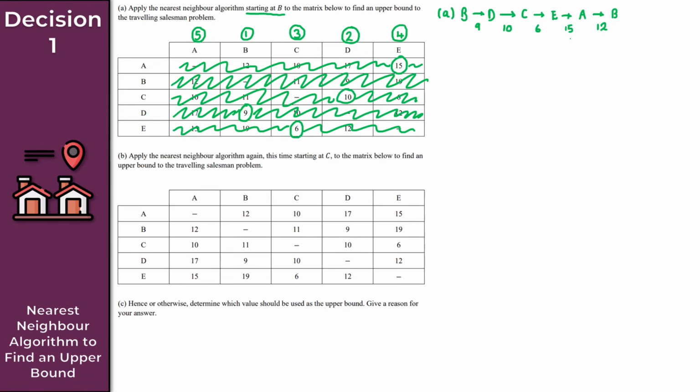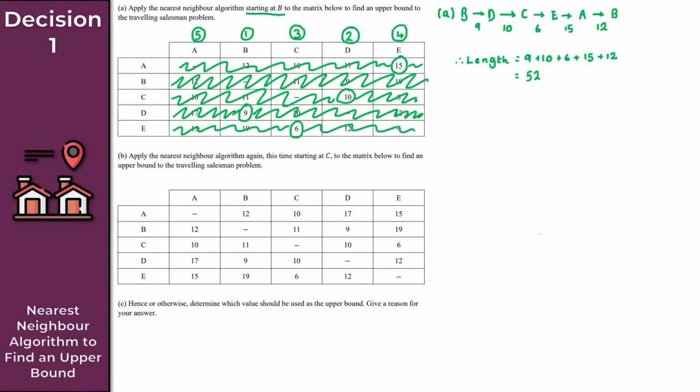And therefore, the upper bound to the traveling salesman problem would simply be the sum of all of these weights. So the length is equal to 9 plus 10 plus 6 plus 15 plus 12, right? Add those together, and what we get is 52, okay?